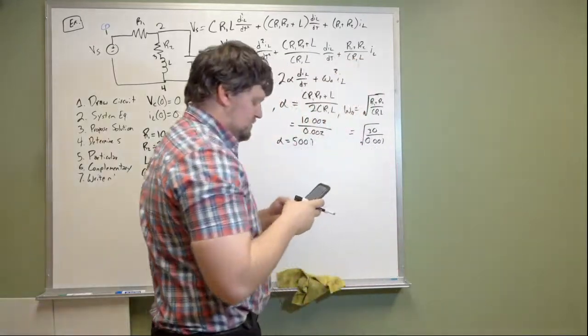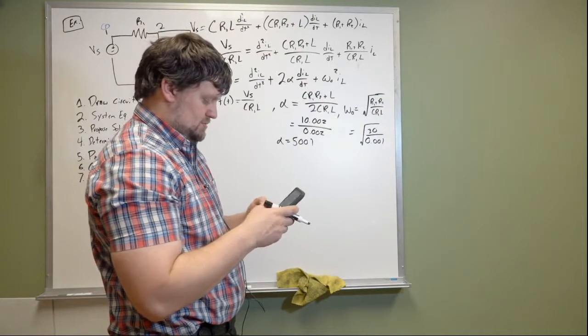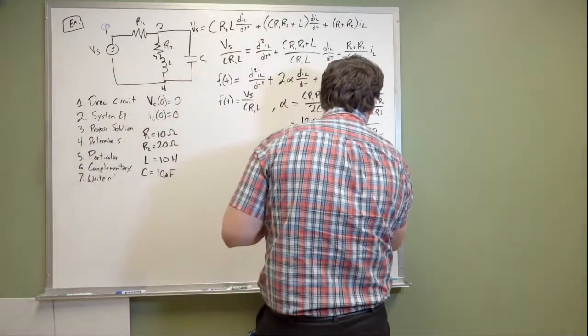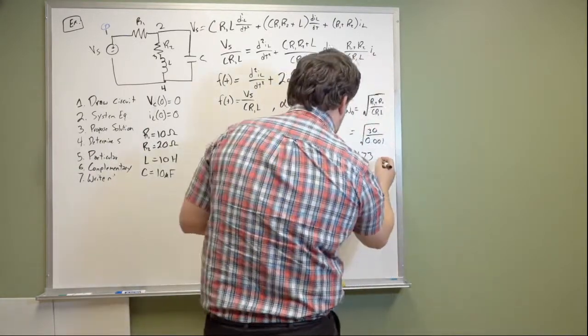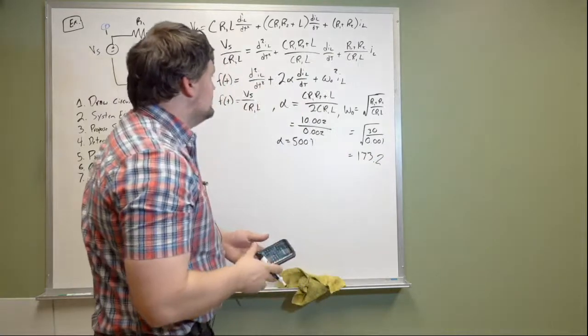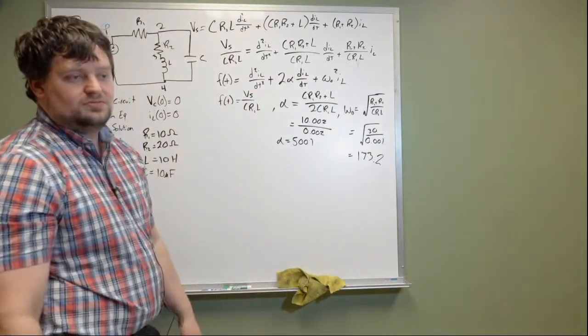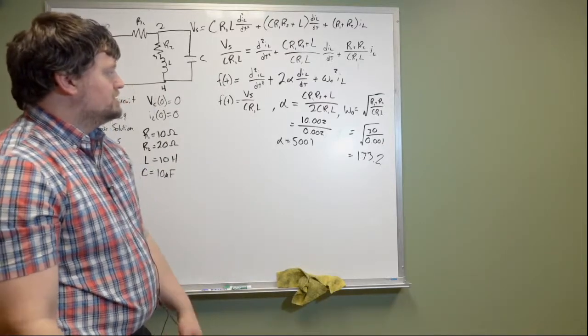So square root of 30, the answer is equal to 173.2. Okay, so we've just gone about this the exact same way as we would otherwise. No big shock here.